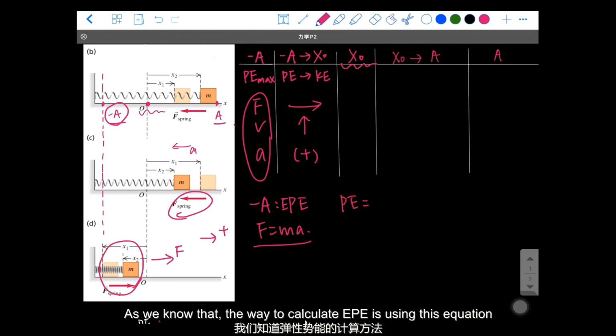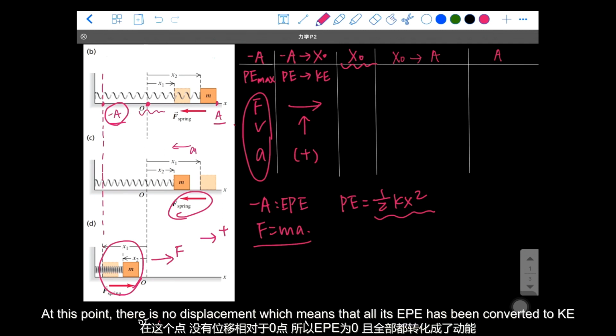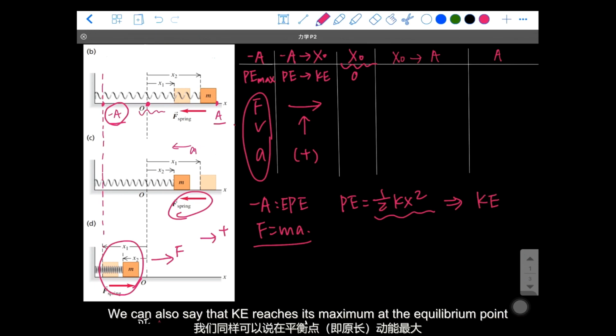As we know, the way to calculate it is this, and at x0 there is no displacement since it's at its original point. So PE at this point should equal 0, which means that all the PE has been converted to kinetic energy. So PE equals 0, but kinetic energy is at its maximum.